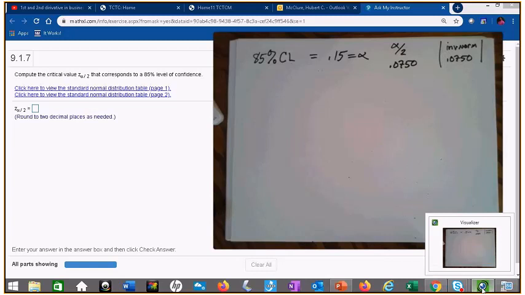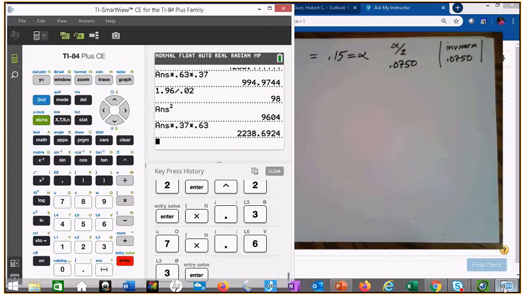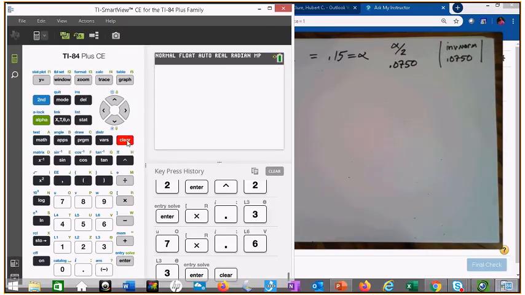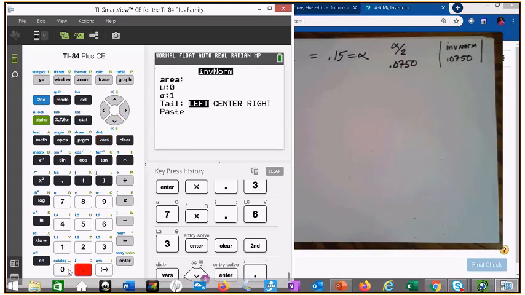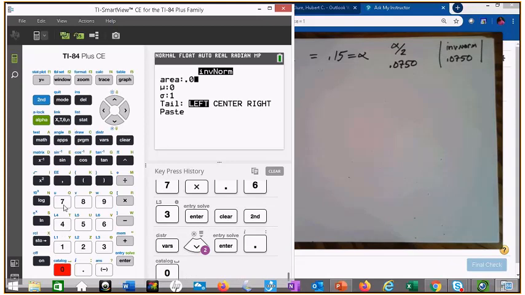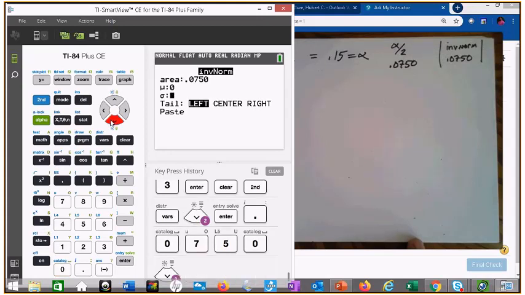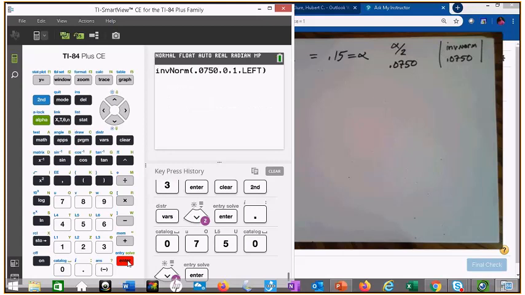So I'm going to take my handy dandy calculator and I'm going to say second bars, inverse norm, 0.0750, and that's going to be left tail. Enter and enter. 1.44.